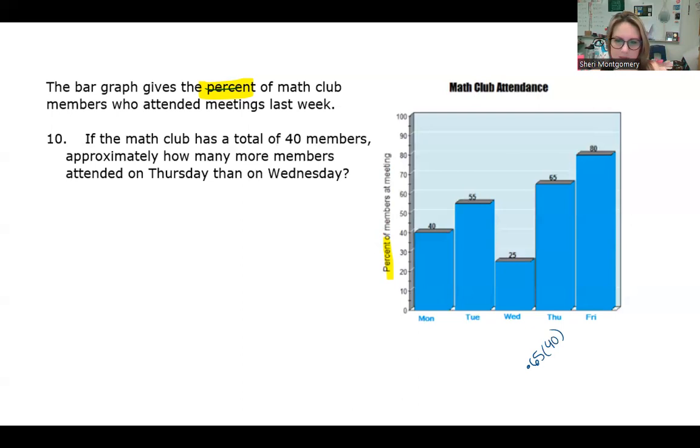What do you get? 0.65 times 40. 46? 26? Okay, 26. I'm going to jot that down so I have it written down. For Wednesday, we have to figure out how many attended on Wednesday. So that's 0.25 times 40. How many were there on Wednesday?